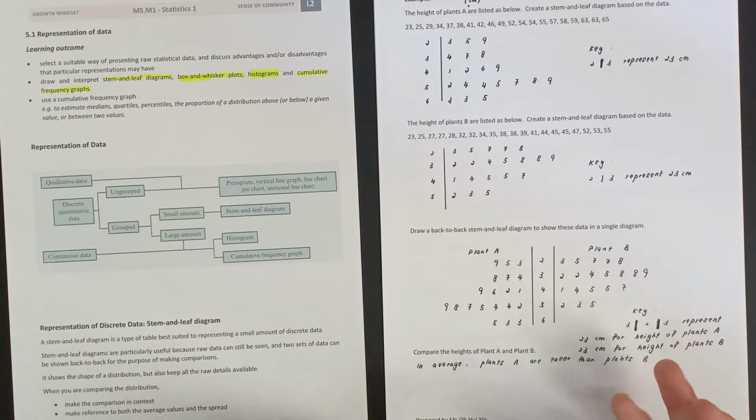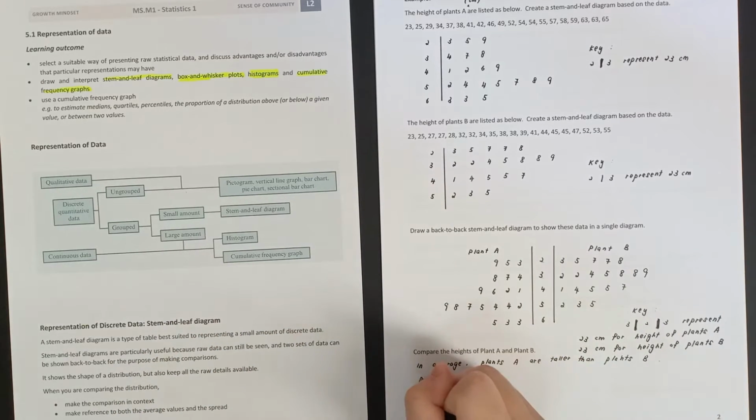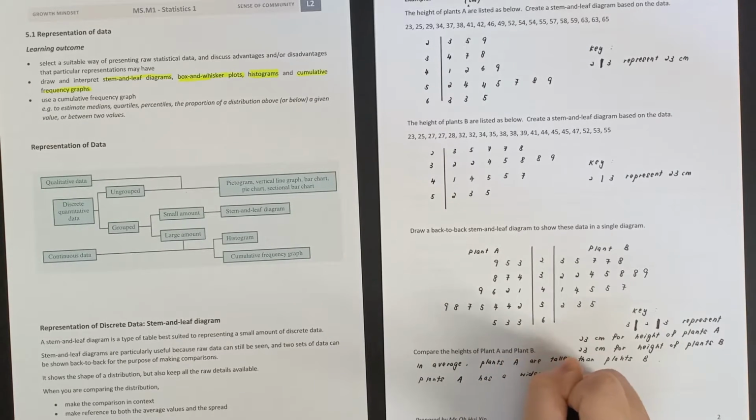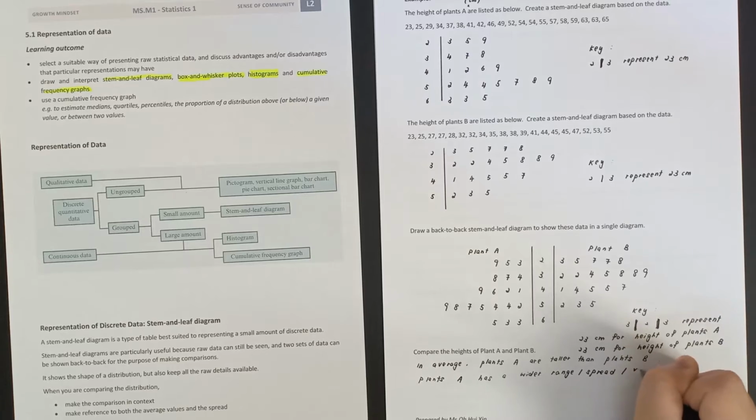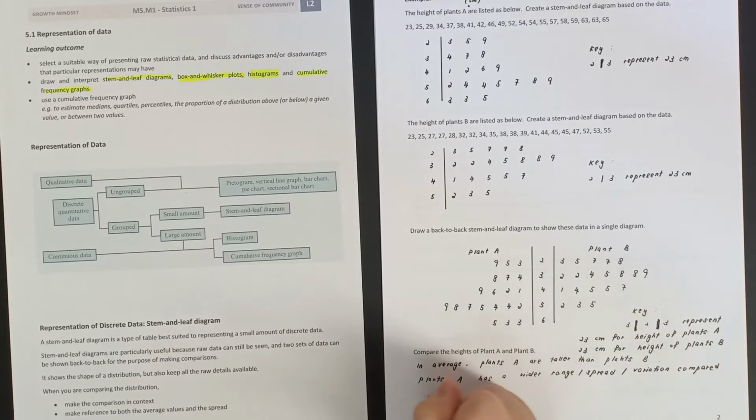So in terms of variation, plant A is more widely spread compared to plant B. The same thing that you can write: plants A has a wider range, or if you want to say wider spread or wider variation, it is the same, compared to plants B.